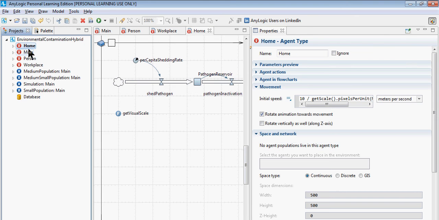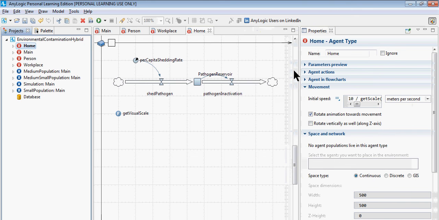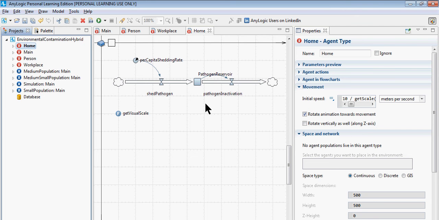In other words, each of the people here right now who are infective is shedding at a per capita shedding rate. So there's some set of infective people, maybe 0, maybe 1, maybe 2, and each of them is shedding at a certain rate, and hence our pathogen reservoir is building up at that rate.